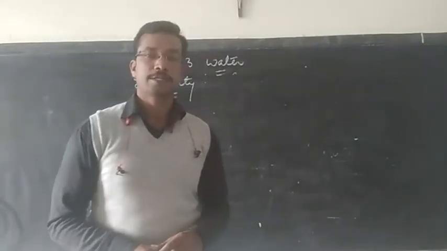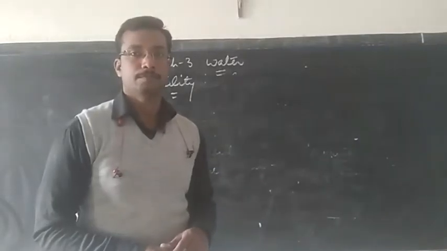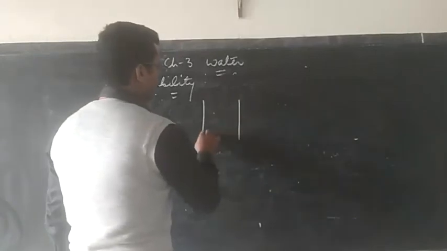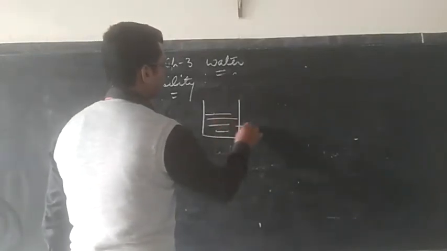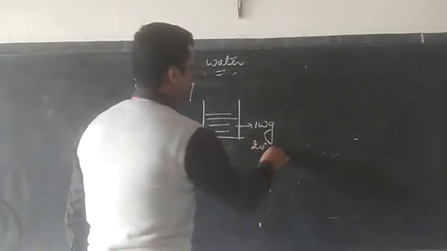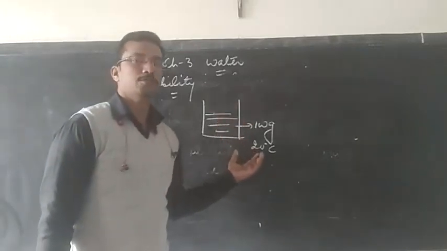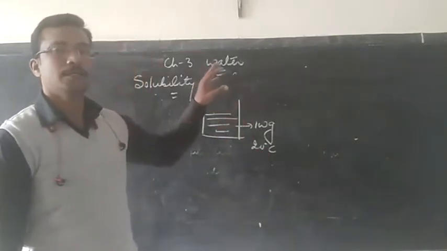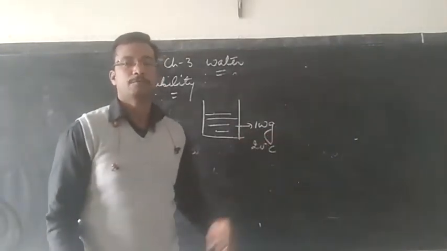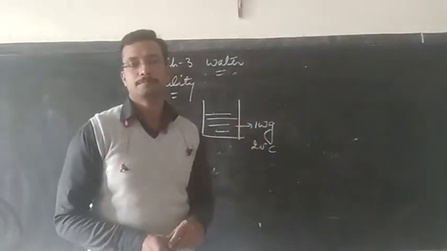Let us try to understand this with the help of an example. Suppose we have 100 gram of water at 20 degrees Celsius. Now we have to make a saturated solution by adding a certain solute into this solvent at the temperature of 20 degrees Celsius, and the solvent amount is 100 gram.